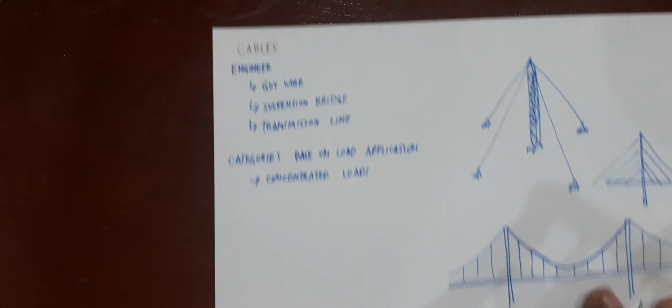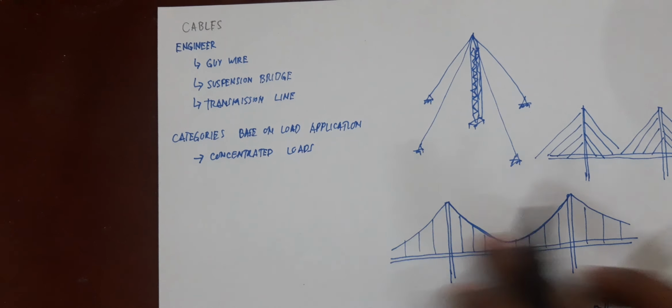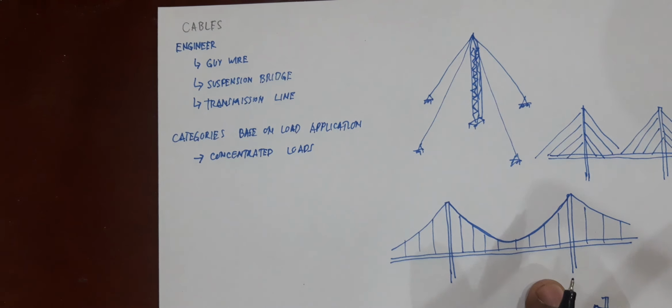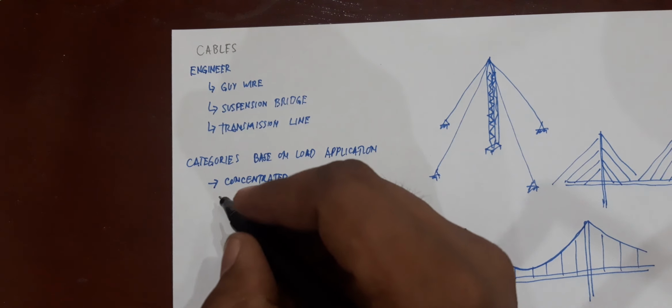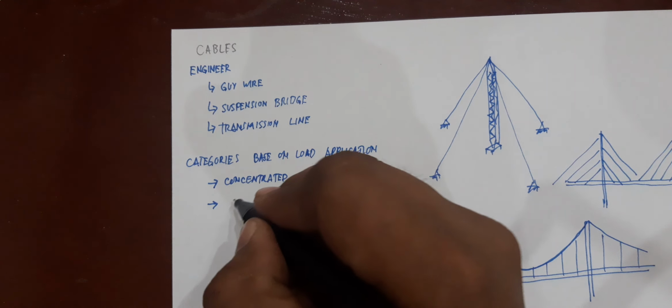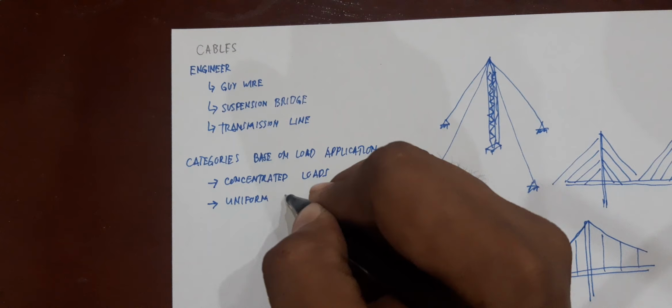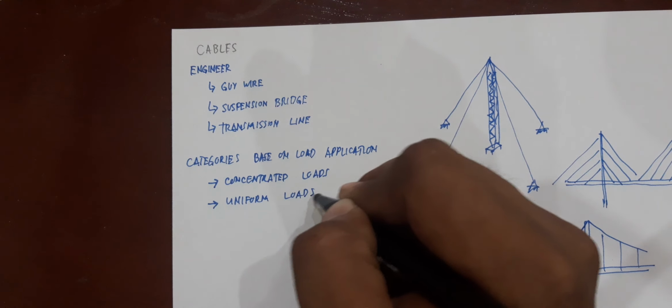For a concentrated load, basically your load is applied somewhere along your cable. Next category is when you are supporting uniform loads.